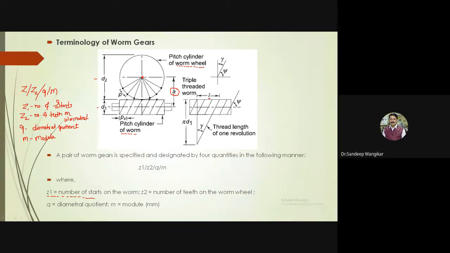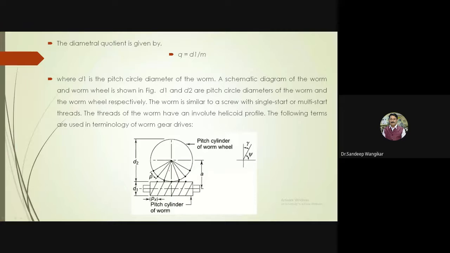So very first, the worm gear is specified or designated by using Z1, Z2, Q and M. And we have discussed what Z1, Z2, Q and M are. Now let us see what Q is. The diametral quotient Q is given by D1 divided by the module M, where D1 stands for the pitch circle diameter of the worm.